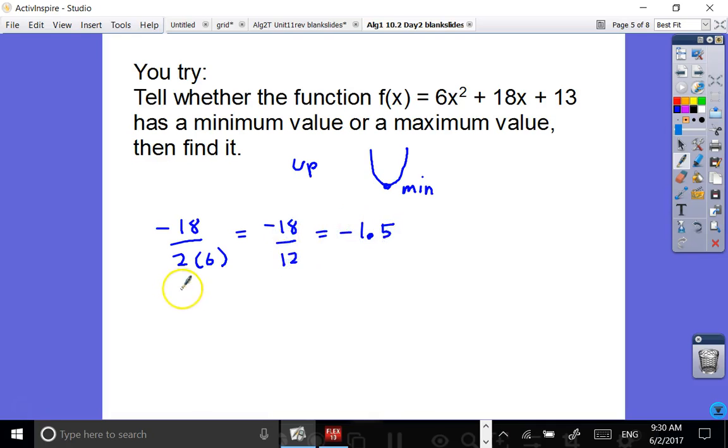Then I've got to plug that in. 6 times negative 1.5 squared plus 18 times negative 1.5 plus 13. I would definitely recommend putting it in the calculator.